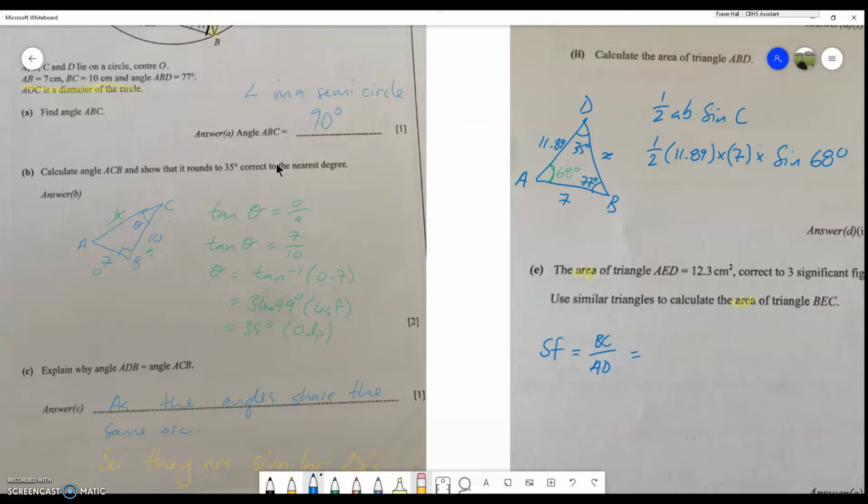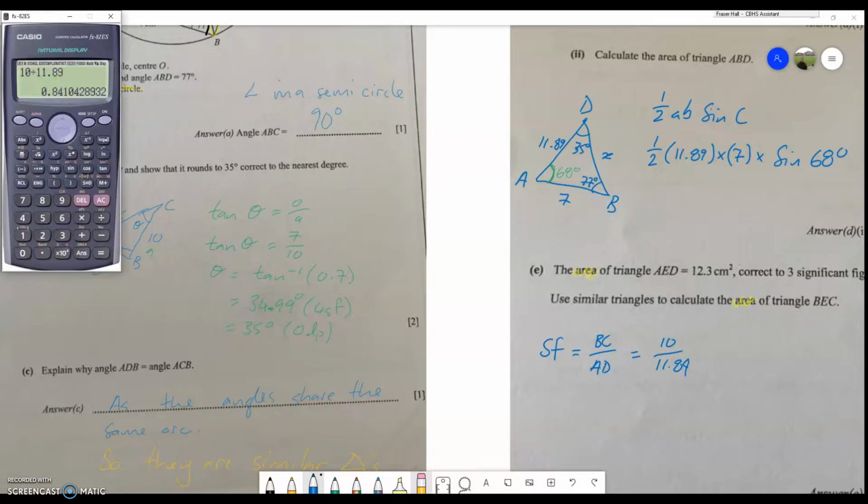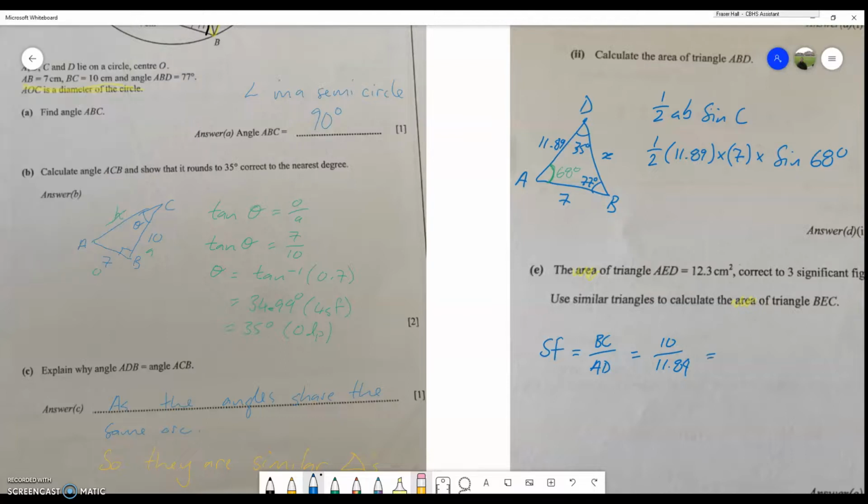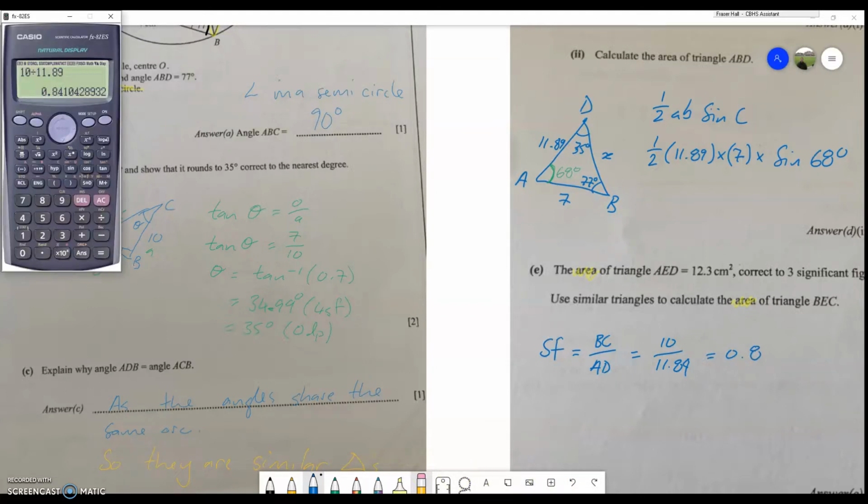So that would be 10 divided by 11.89. And if we do that on our calculator, it should be 0.8410.